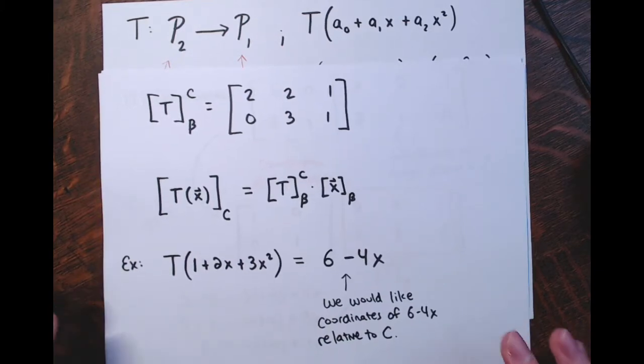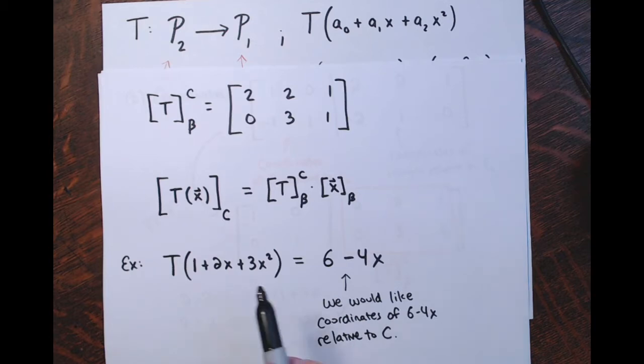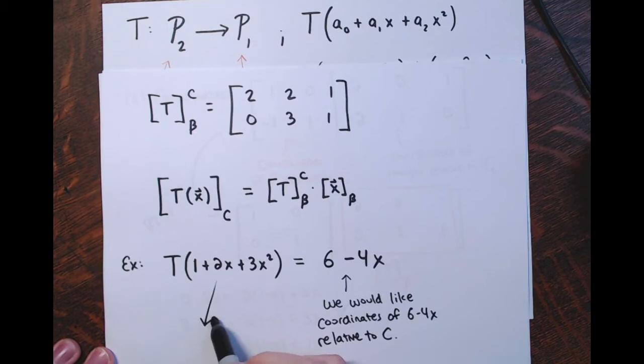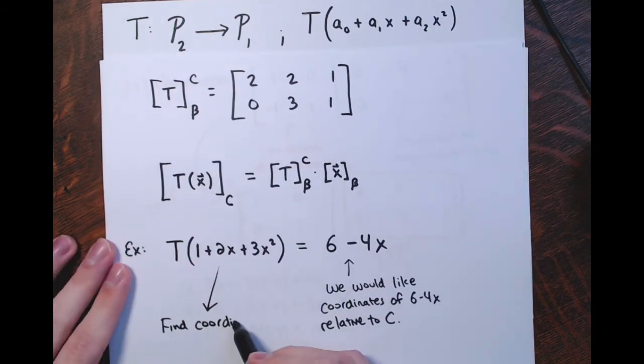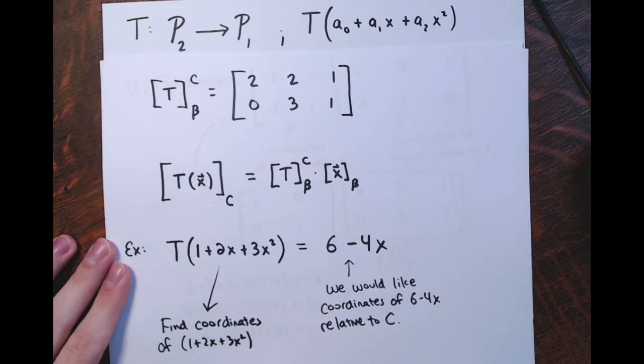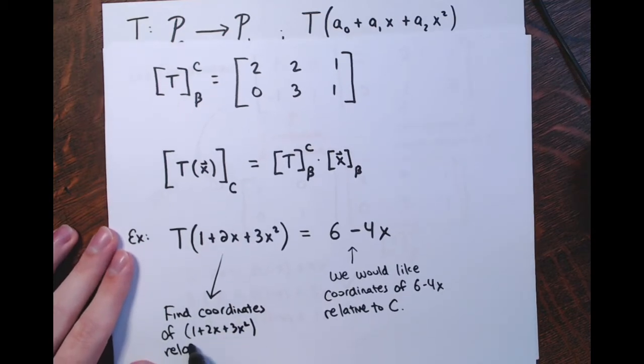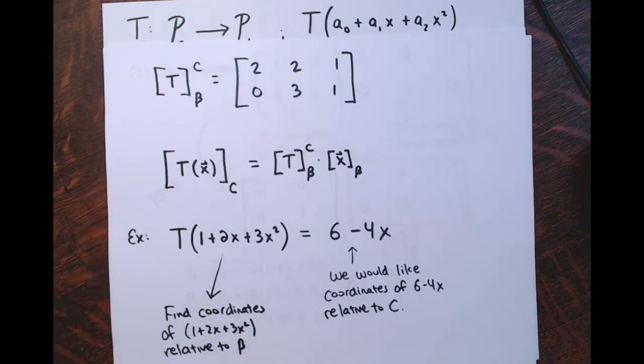All right. So again, there's a couple ways to do this. One is change the coordinate. Let's find the coordinates of the input relative to B and multiply it by our matrix representation. Find the coordinates of 1 plus 2x plus 3x squared relative to B. All right, so again, the easy way to do that is with a matrix.